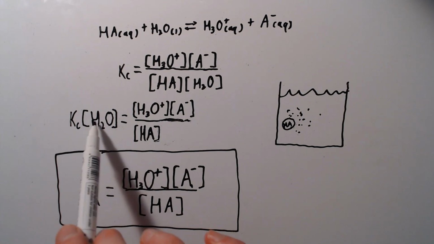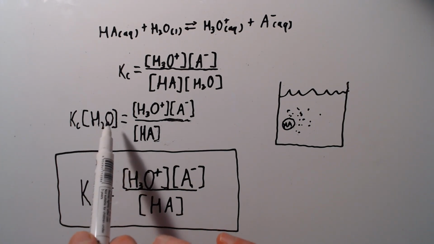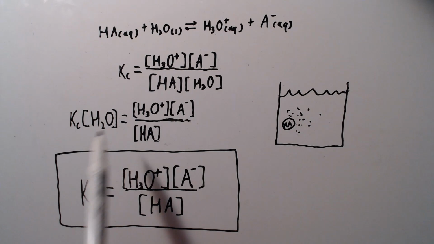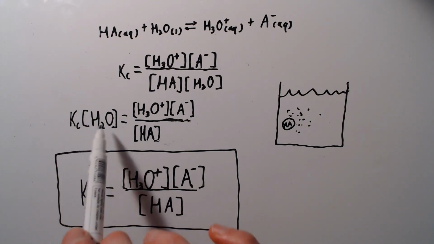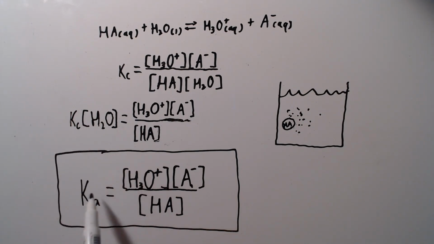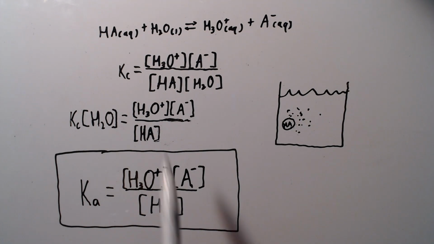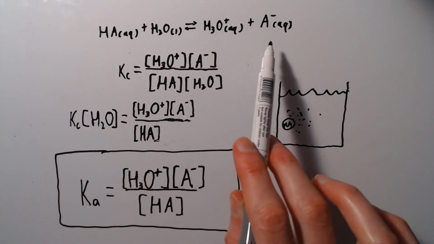So since the concentration of the water here remains constant, we can multiply these two to get another constant value. Since both of them are constant, we get a separate constant called the Ka, the acid dissociation constant. And this acid dissociation constant shows the concentration of the H3O+ produced by the acid times the A- concentration produced by the acid, over the concentration of the acid that is left over after this reaction went through.